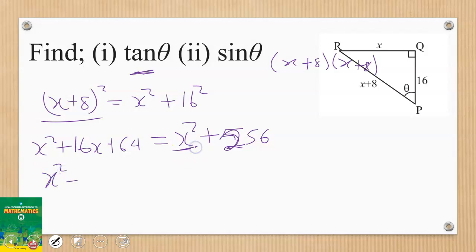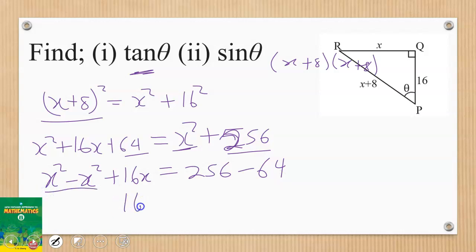Now, when we simplify this by grouping like terms, we can have our x squared here. This can move to become minus x squared here. And then we have plus 16x is equal to 256 minus 64. While this goes to 0, we have our 16x is equal to 192, from subtracting 64 from 256.